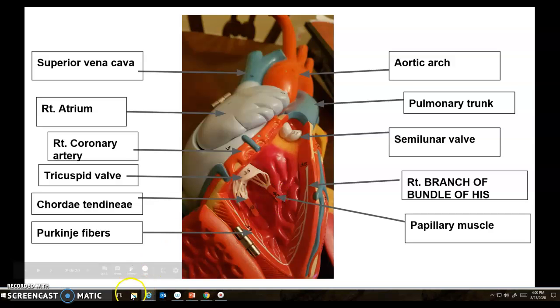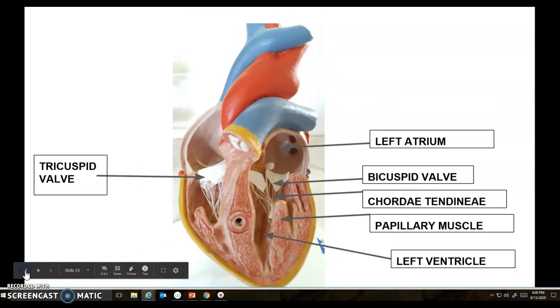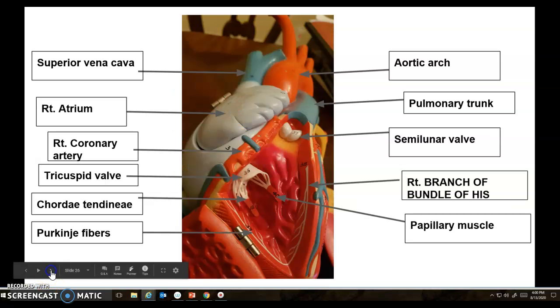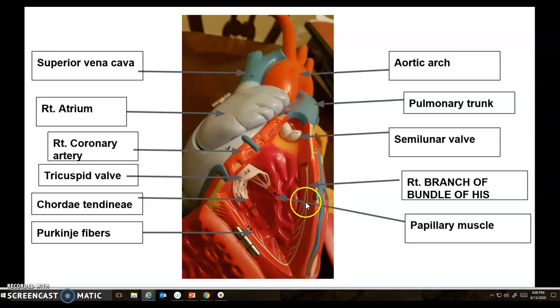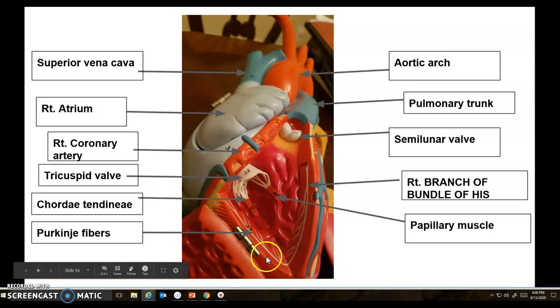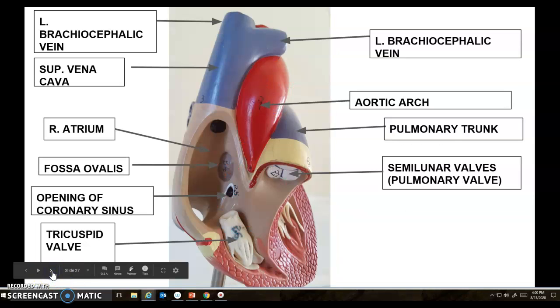I can see better papillary muscle in this model. So here you can see also the right bundle of His. So you see this goes down to the apex and comes up as what? Purkinje fibers. The other labelings, you can look at those.